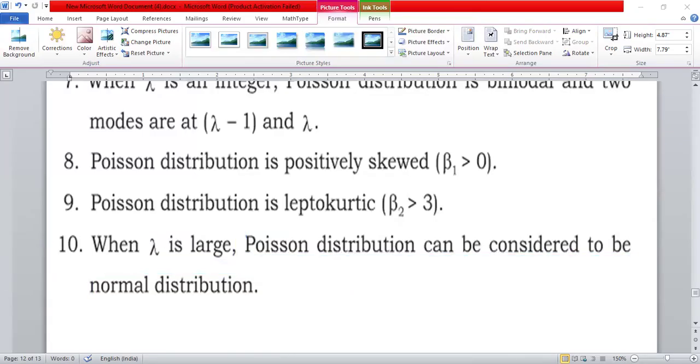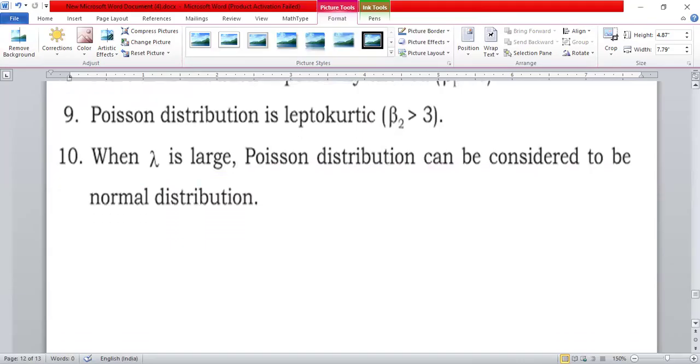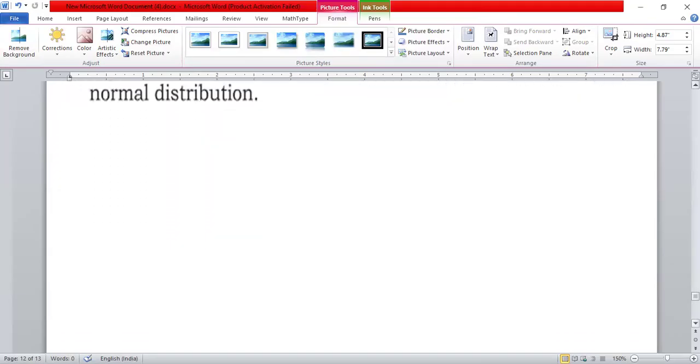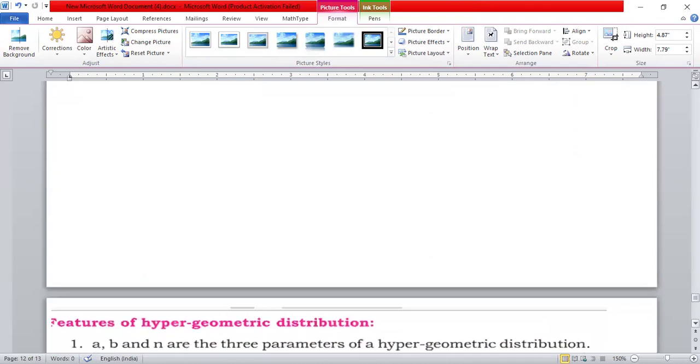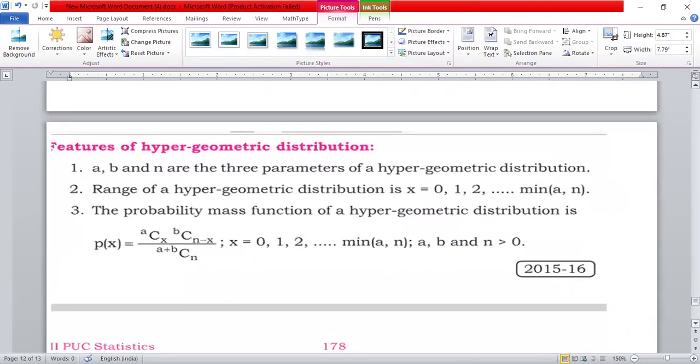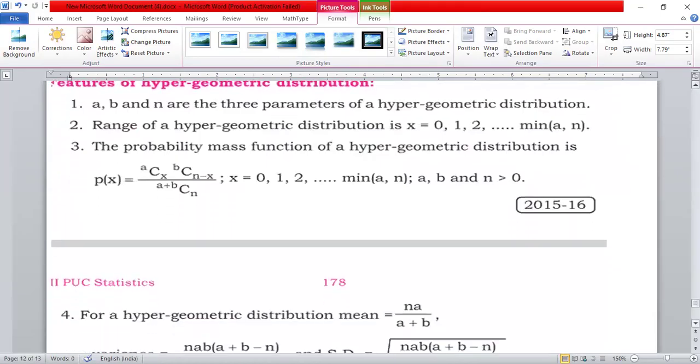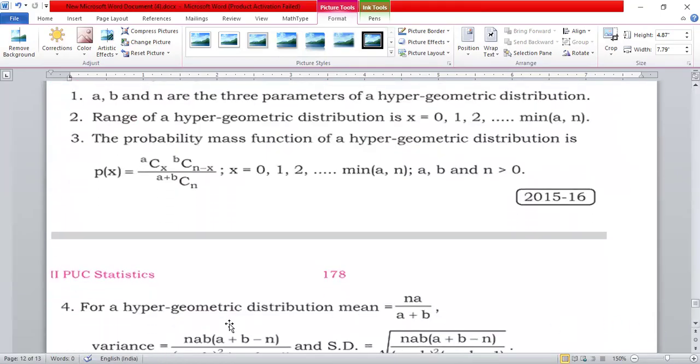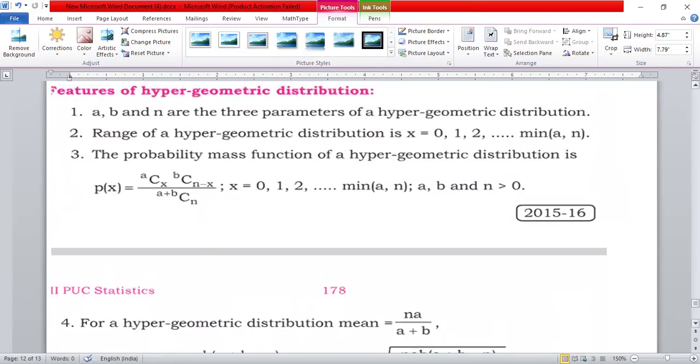Okay, after that, the fourth one of discrete probability distribution is called hypergeometric distribution. Here we have only 5 properties. So very simple.